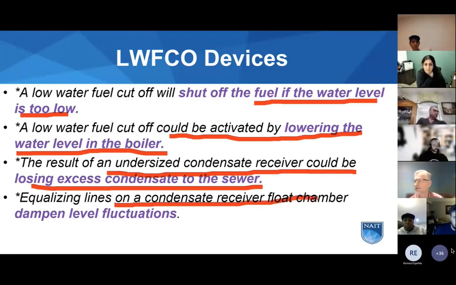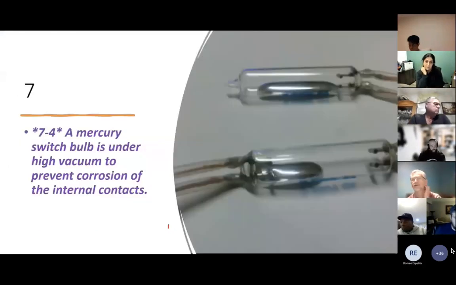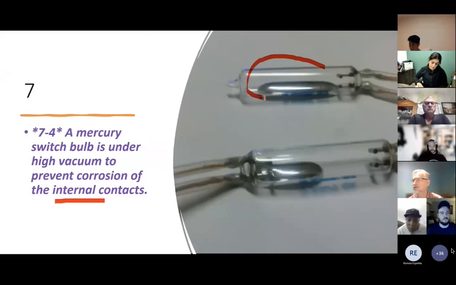Equalizing lines on a condensate receiver float chamber will dampen level, the bouncy level. It will smooth the flow. Mercury switch under high vacuum to prevent corrosion of internal contacts. Okay, so inside here should be an inert gas such as nitrogen or vacuum, no air.